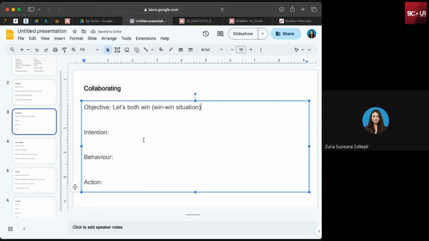You try to tolerate a little bit. So what you do, the intention here is to find a solution.